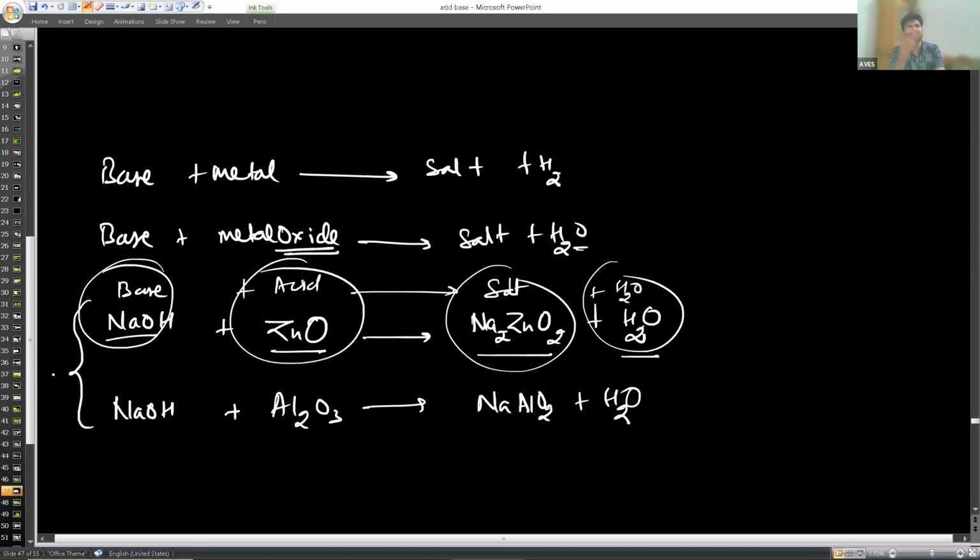Similarly, H2SO4 when reacting with metal Zn gives ZnSO4 plus hydrogen gas. If it is O here, it should be O here.